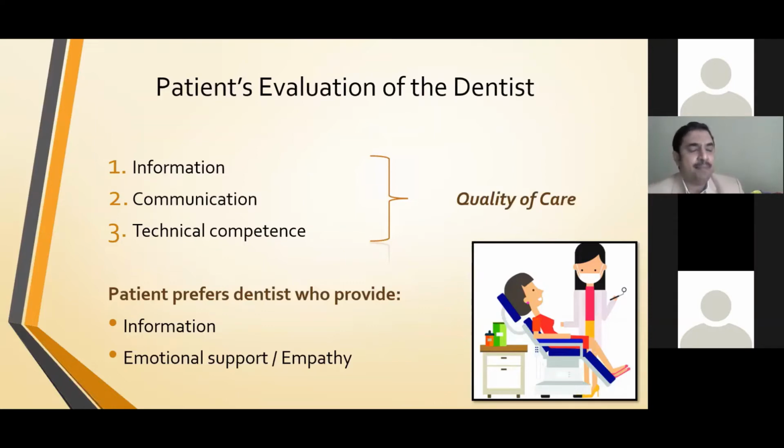A typical example is the patient has come. Remember the patient I talked to you about, a factory worker. The boss sends him to get that tooth extracted because the company is suffering because he is not productive. Imagine that person comes to you, okay? He is going to request you, doctor, I've got this toothache, you please extract it. What are you going to do? You're going to take an X-ray. On the X-ray, you will see this tooth can be saved.